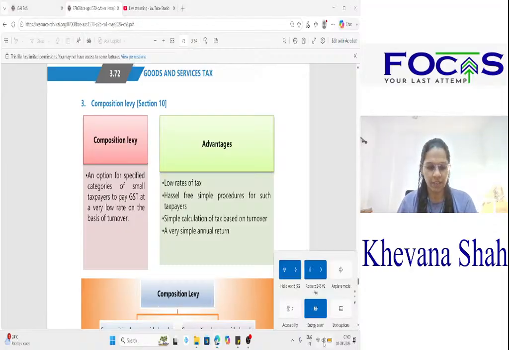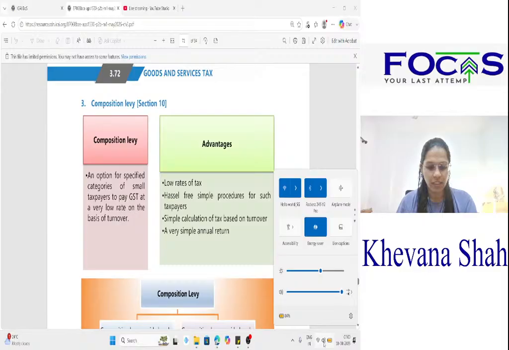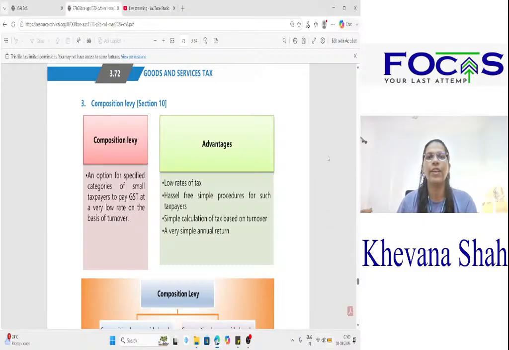So, see, what are the advantages? Advantages are that you have lower rates of taxes and you have hassle-free simple procedures for such taxpayers. So as I said earlier, the compliances are also comparatively lesser in case of composition levy. Then it has simple calculation of tax based on your turnover.